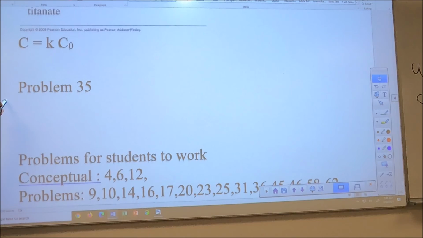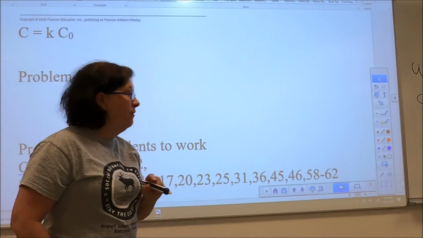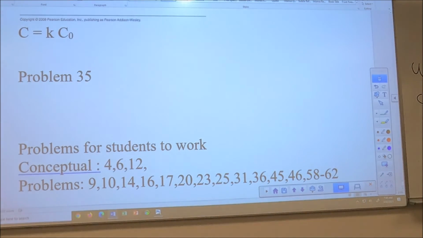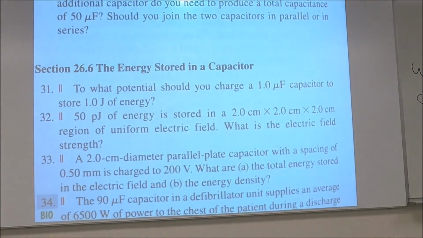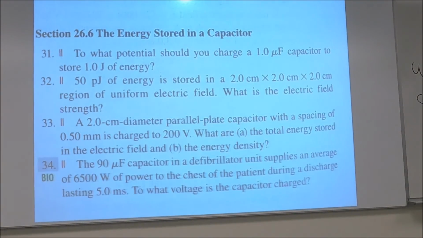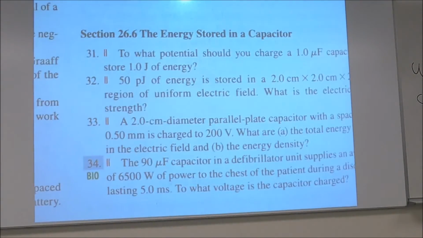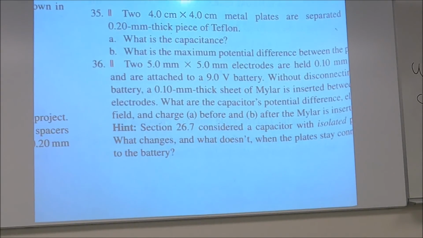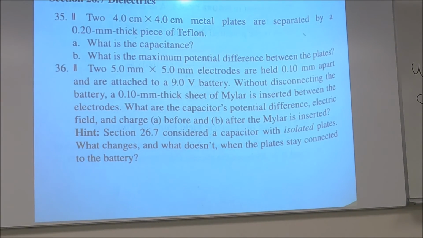Okay, so let's look at problem 35 at the end of the chapter. It says 4 by 4 centimeter metal plates are separated by a 0.2 millimeter thick piece of Teflon.